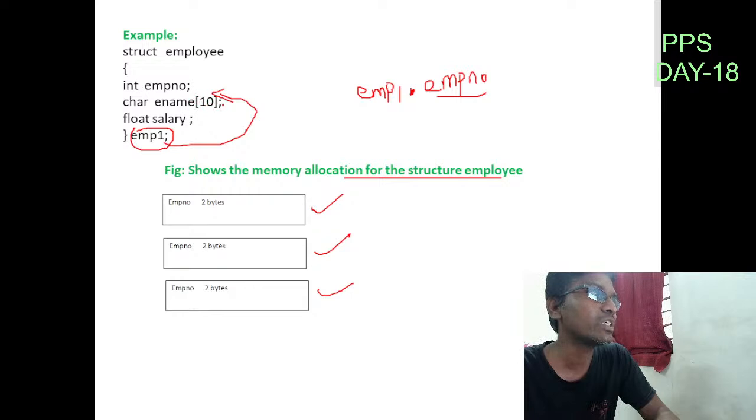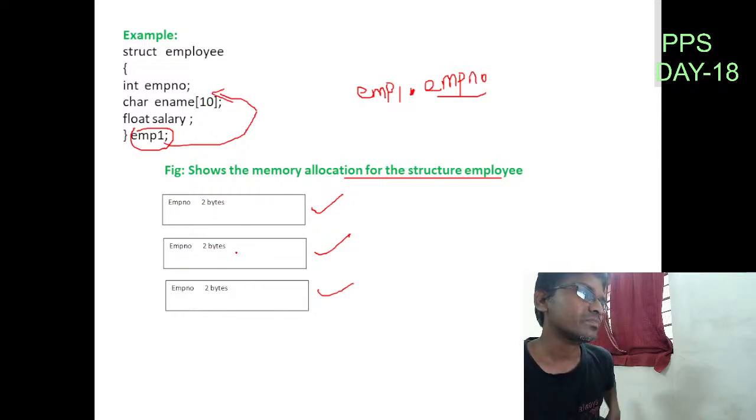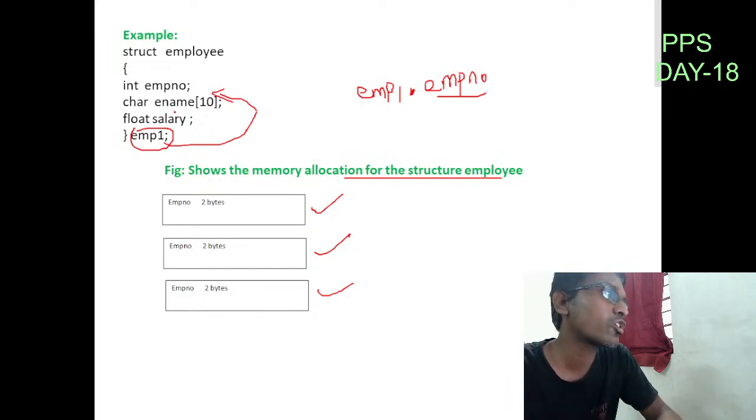So 1 into 10 is equal to 10 bytes, which will be occupied by the character data type. And the float data type is going to occupy 4 bytes for the salary. I hope you understand what I am saying.